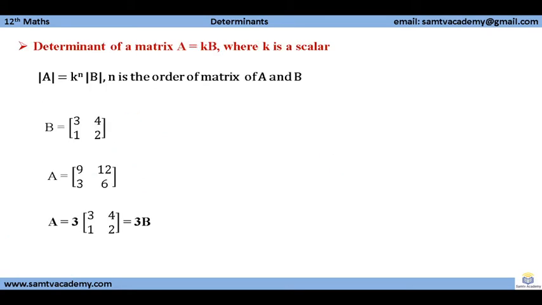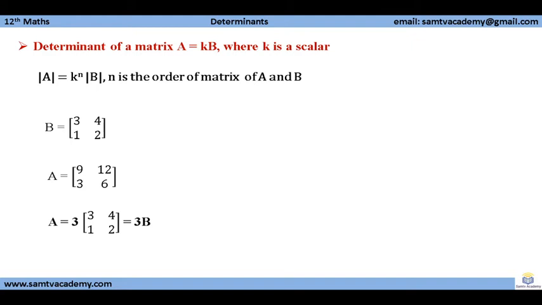Next we will see one of the methods, or one of the properties, that we get if we multiply a scalar value into a row or a column.